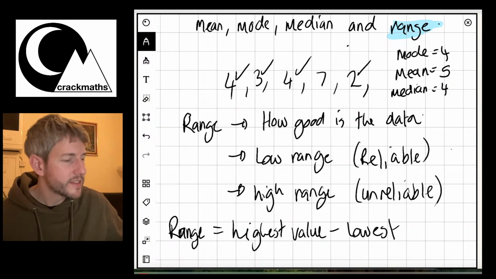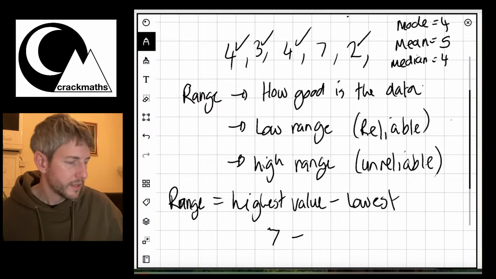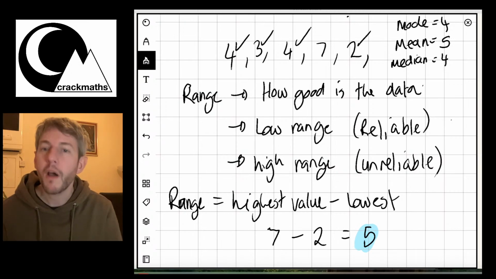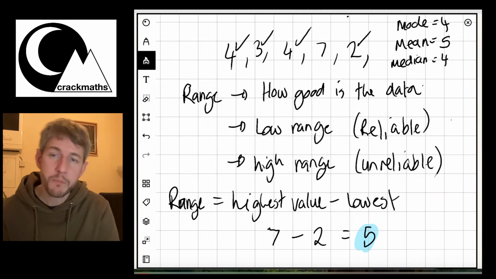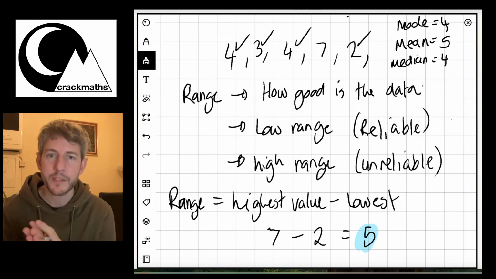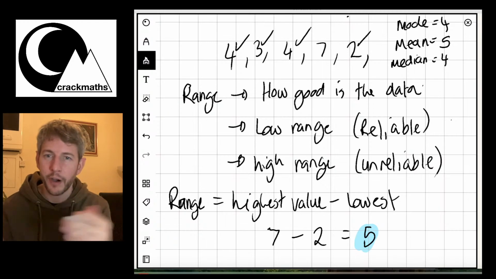So in this case, we're going to have 7 take away 2. So this data has a range of 5. So that 5 doesn't tell us anything about the numbers that we have. All it tells us is how spread out the numbers are. So we know that the highest value take away the lowest value is 5. So we know that all the numbers there have a spread of 5.